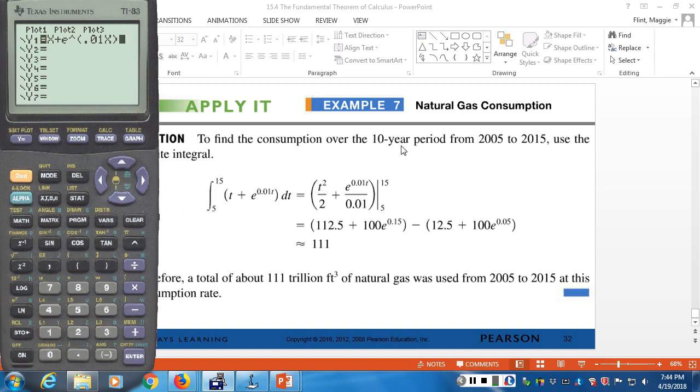We could actually graph it from 0 to about 20, starting in 2000 and going to 2020, and let the calculator find a window to get us started. And notice that it looks almost linear. It is curved, but on the window we're looking at, it looks almost linear.